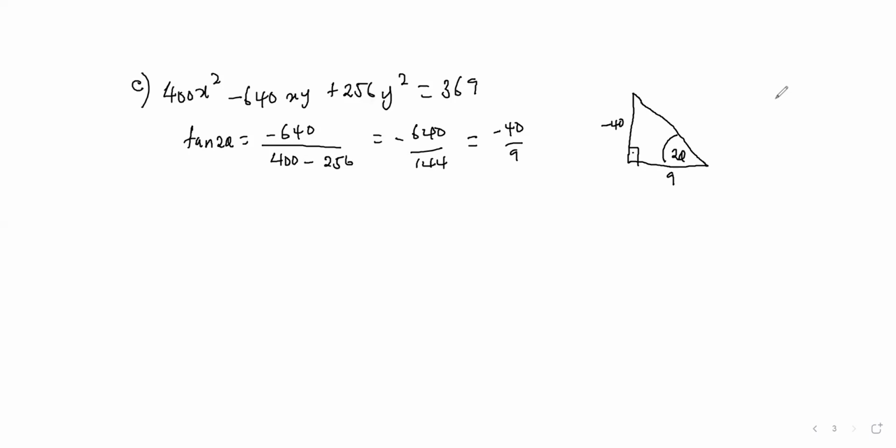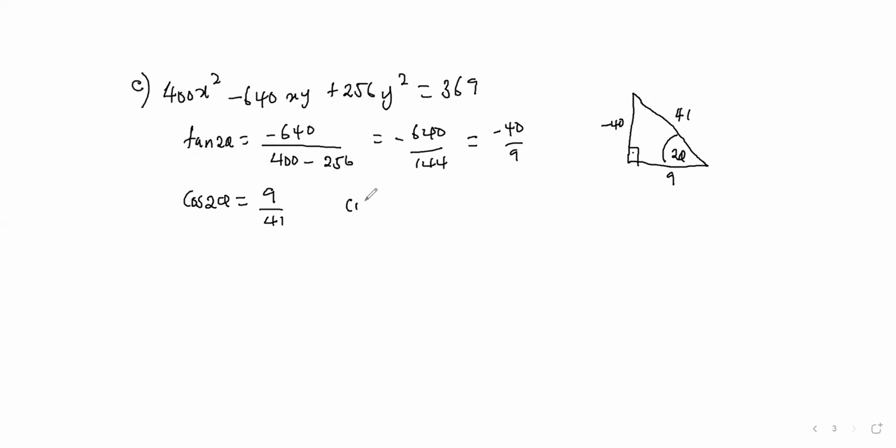Then get the square root. It's 41. So it means that we can find cos 2 theta. What is cos 2 theta from there? Adjacent over hypotenuse.